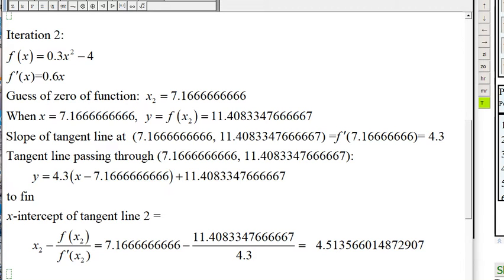And again, to find the x-intercept, let y be 0 and solve for x.